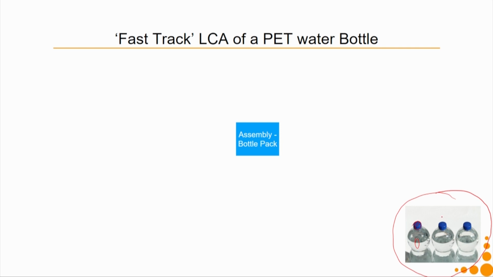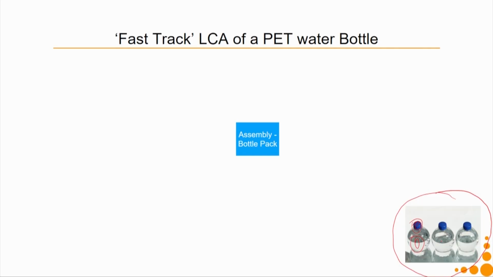When I want to send these bottles out of the factory, it is kind of an assembly which consists of this PET bottle, the polypropylene cap, the water, and a couple of bottles, say 12 bottles or 24 bottles together, will be packaged in a shrink film, so that during transportation they stay together for additional support.